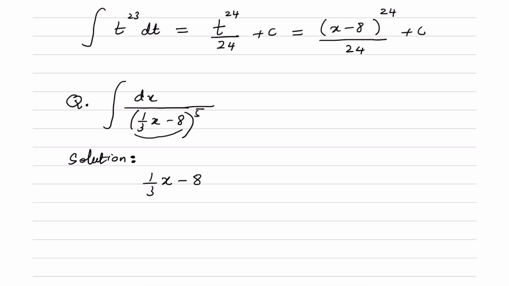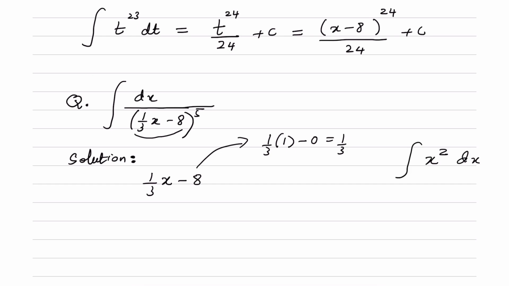But before that we have to see that the derivative of this term is also written inside the integral. We can see that the derivative of this term is 1 over 3, since the derivative of x is 1 and the derivative of 8 is 0, so it is 1 over 3. But 1 over 3 is not written here separately. Remember that 1 over 3 is a constant, and this constant would be adjusted later on.